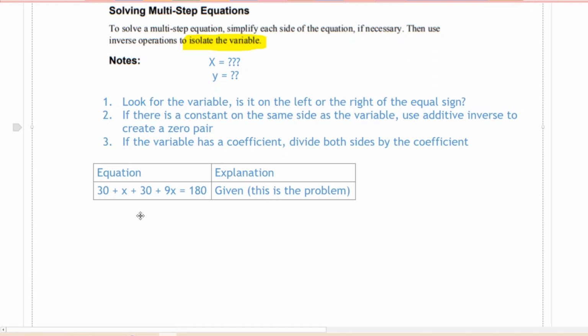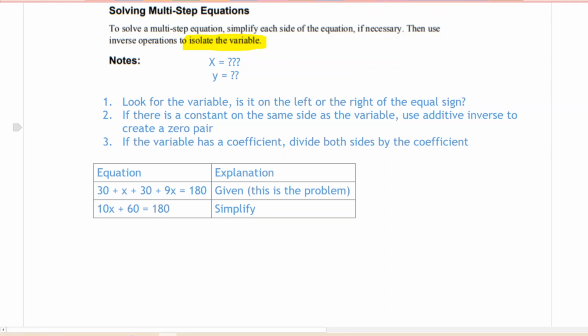So this is the very first problem we did today, and the equation was 30 plus x plus 30 plus 9x equals 180. And the explanation is usually to write the word given. In other words, this was the problem. So what was the next thing we did? Well, we combined like terms.